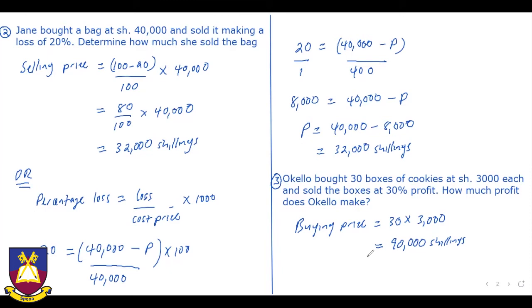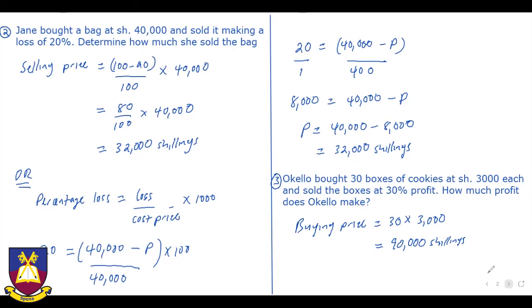Now what happened was, when he was selling them, he made a profit of 30%. We want to determine the profit. Since we have the percentage profit, it becomes very easy to determine the profit using the definition for percentage profit.